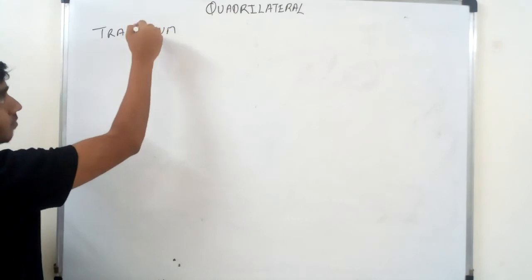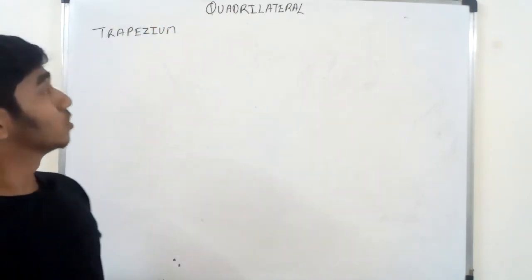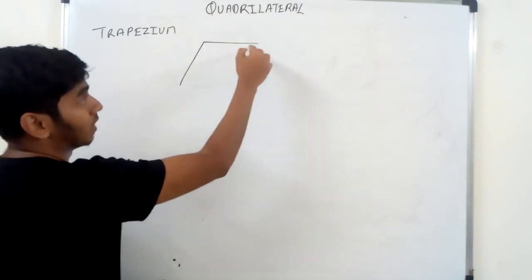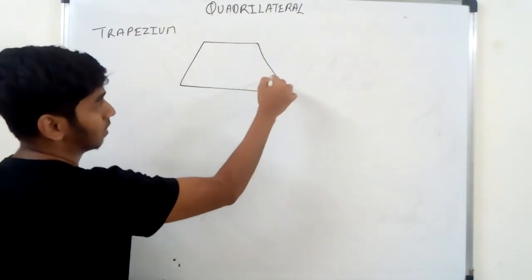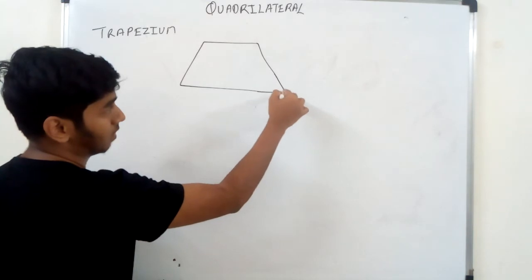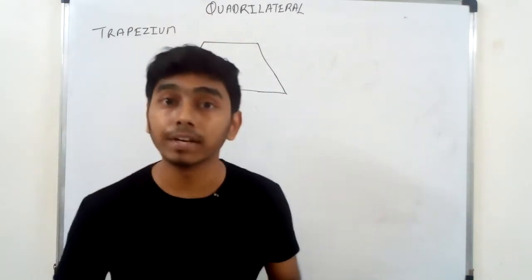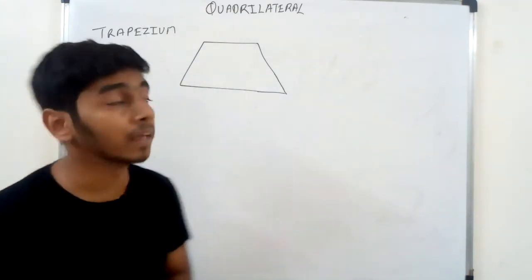Trapezium. So you know what is a trapezium? It is a quadrilateral with one pair of opposite sides congruent, sorry, parallel. They are not congruent.